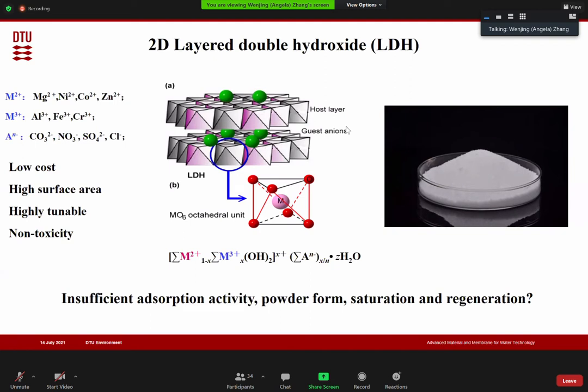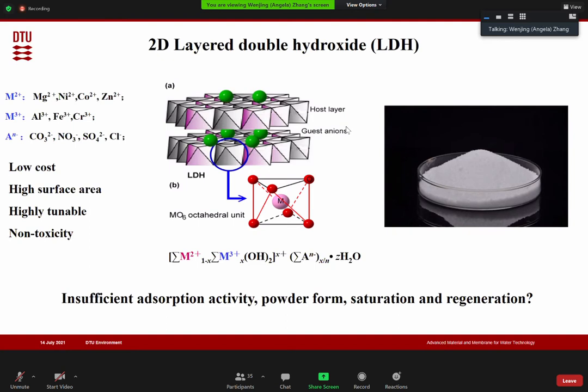And another challenge is saturation. Once it has absorbed enough pollutants, what do we do? We need additional chemicals to regenerate, and that raises concerns about harsh chemicals in the environment as well.